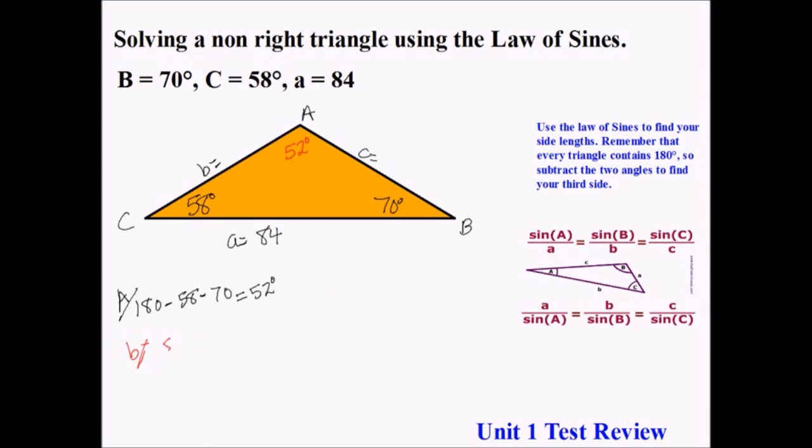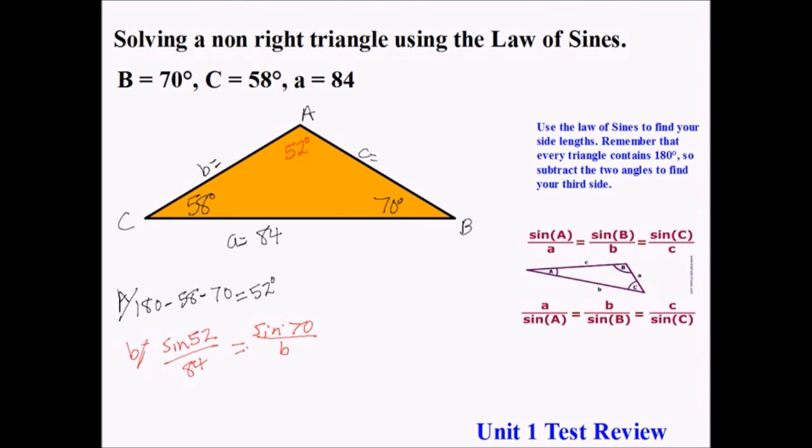So I'm going to use those two because I'm trying to find little b. So it's going to be sine of 52 over little a, which is 84, which is equal to sine of 70 over little b.